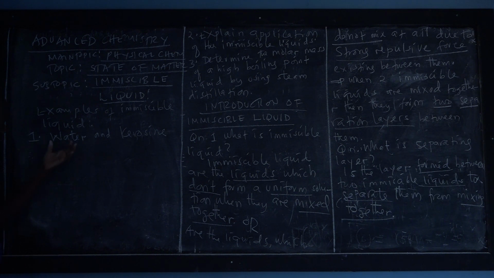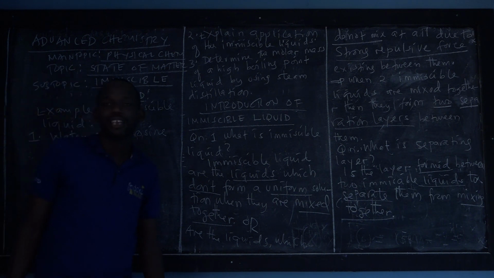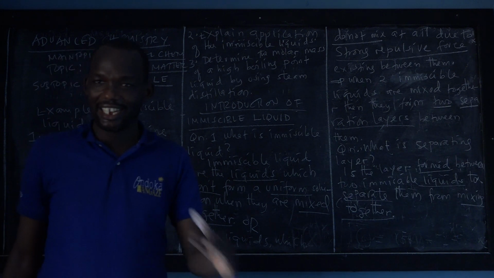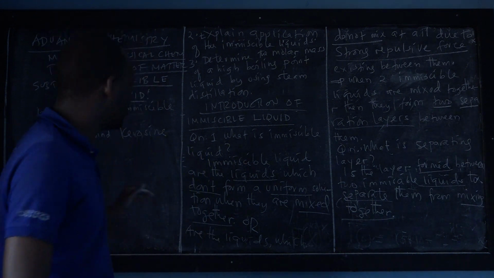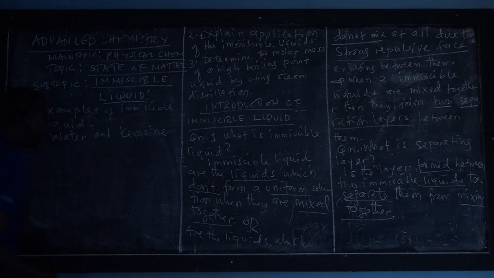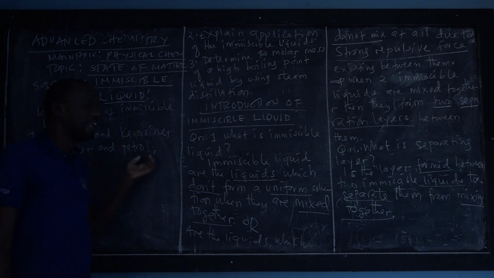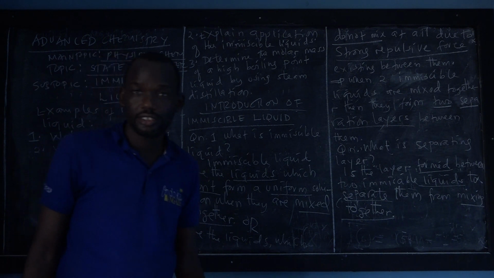If you mix water and kerosene, they form immiscible liquids. A layer will be formed between them, so they don't form a uniform solution. The second example, which I guess you are familiar with, is water and petrol.